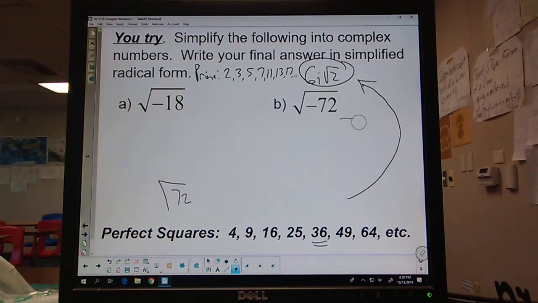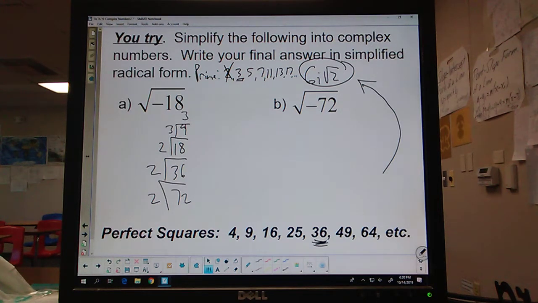You divide 72 by the first prime number, which is 2. It'll go in 36 times. By the way, maybe that would tell you right away to use 36 times 2. But if you didn't know that, divide by 2 again, and 2 goes into 36 18 times. Divide by 2 again, and 2 goes into 18 9 times. Now, when you get to 9, you can't divide by 2 anymore. So you try the next prime, 3. 3 will go into 9 3 times. And because 3 is a prime number, we don't divide anymore.